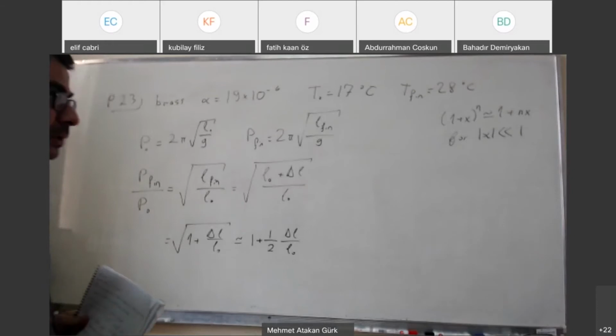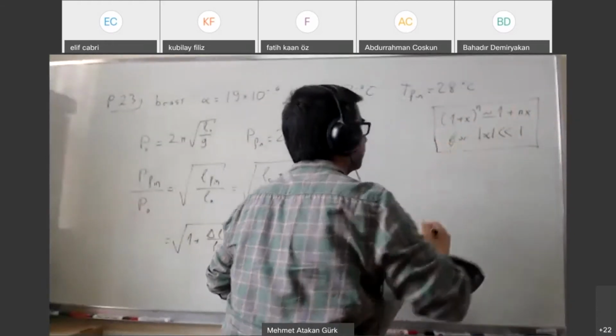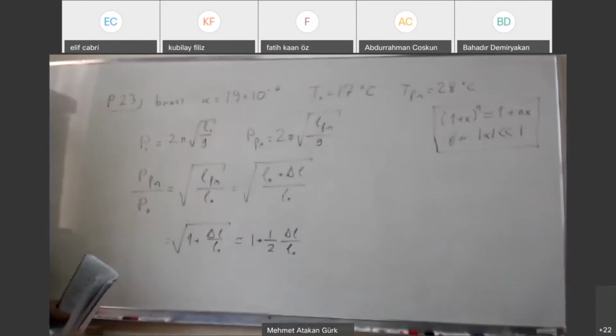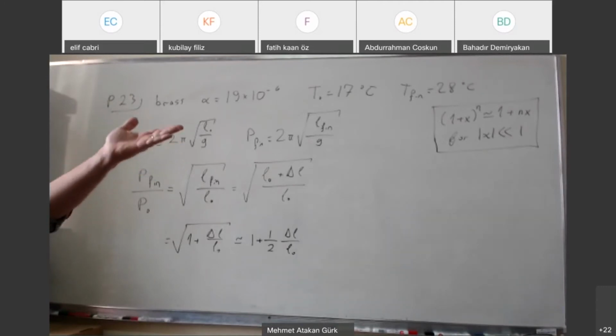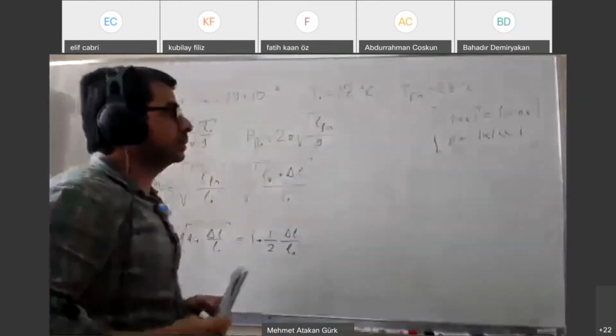This is something you've hopefully seen before, and you're going to use it again and again in this course, and probably in other courses as well. So this is nothing mysterious. It's called the binomial expansion. It is just the first term in the Taylor expansion of this function around x equals 0.